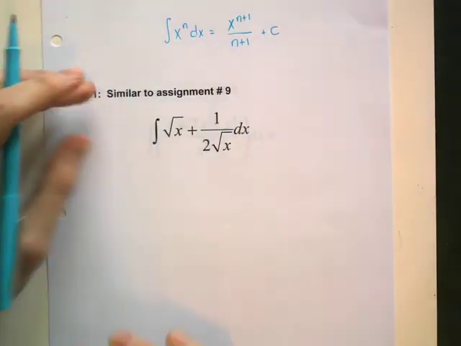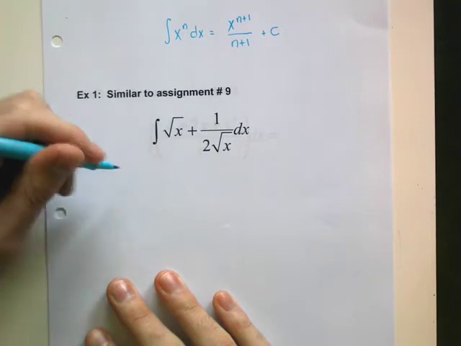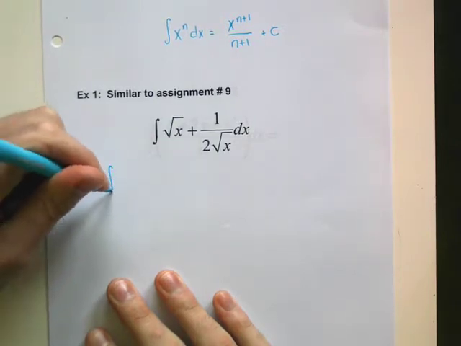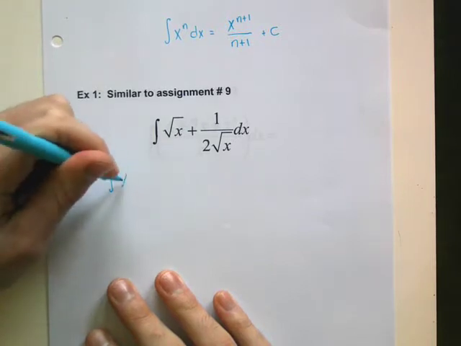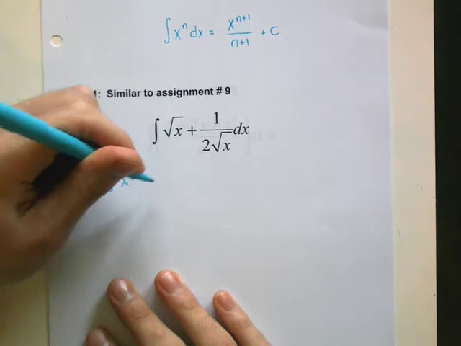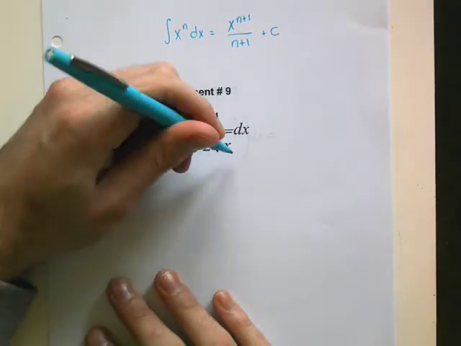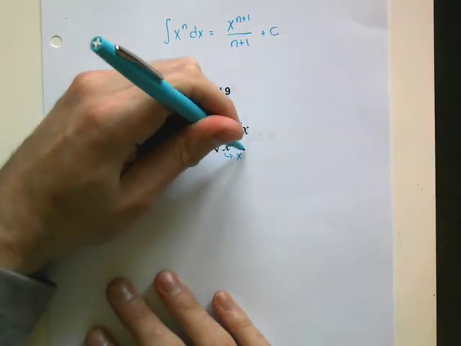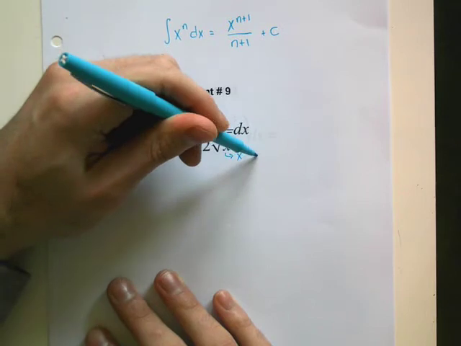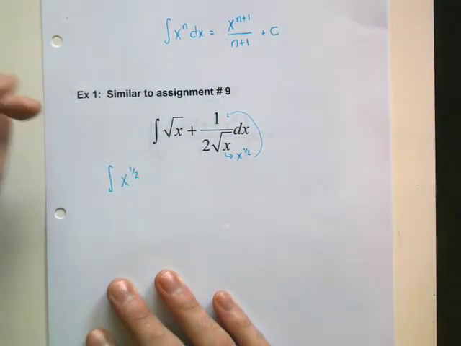First things first, let's change these radicals to exponents so it'll help us use the power rule. We're not taking the integral yet, we're just rewriting it. So the first part would be x to the 1 half. The second one, it would be a lot more helpful to bring it up to the numerator, because that's going to help us take the power rule.